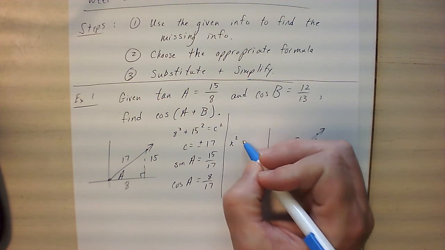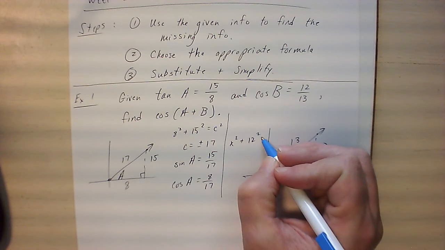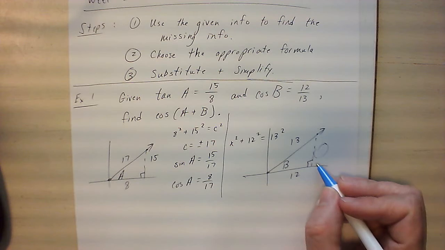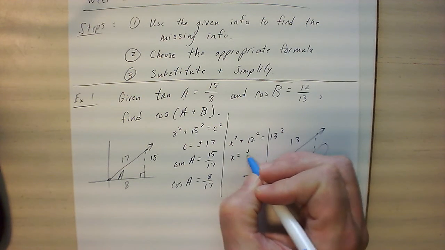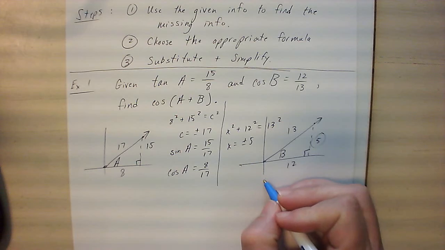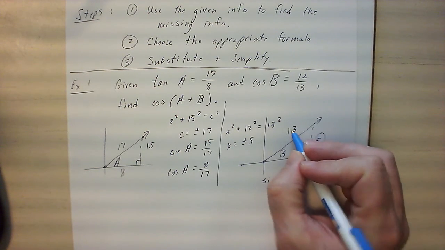So x squared plus 12 squared, I guess technically that's y, but it doesn't matter, equals 13 squared. When we do the math, this ends up being another Pythagorean triple. That's going to be 5. So we got x equals plus or minus 5. Let's put in 5. So that gives us sine of angle B now that we can find. Sine of angle B will be 5/13.